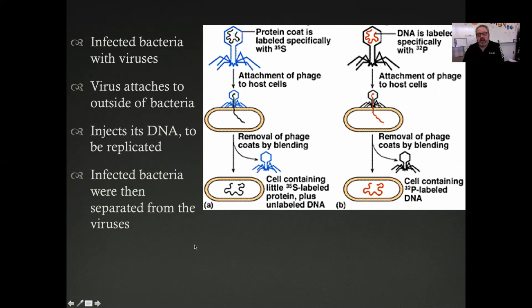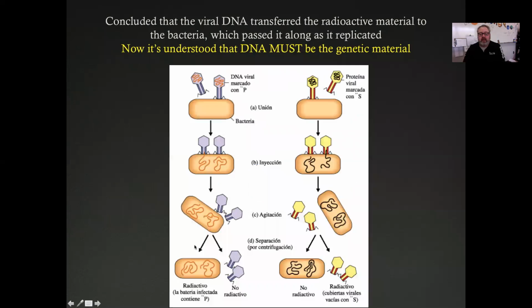So then they were able to conclude that the genetic material that's getting passed from one generation to the next is the DNA. The DNA is being passed from parental generations to offspring, giving us a much better idea of how the genetic material gets passed from one generation to the next.